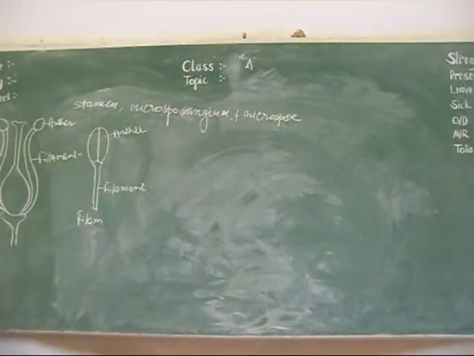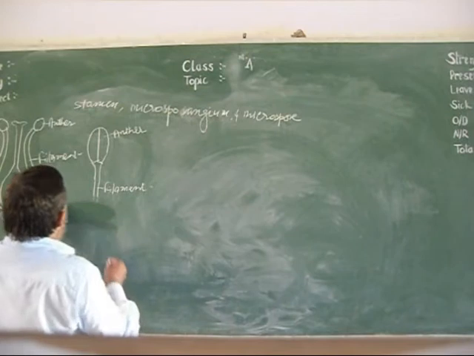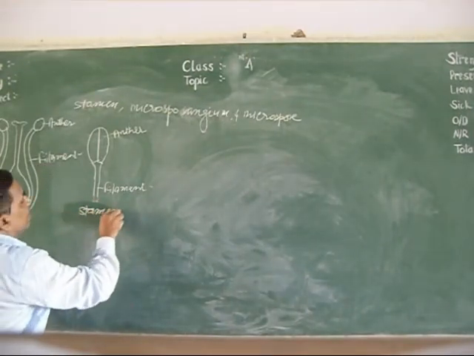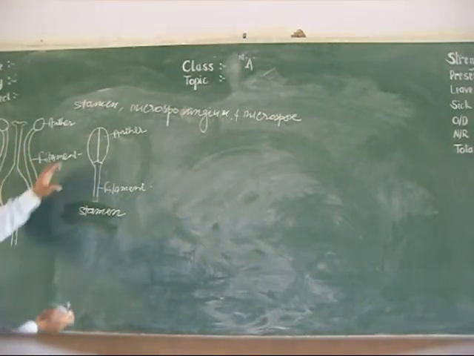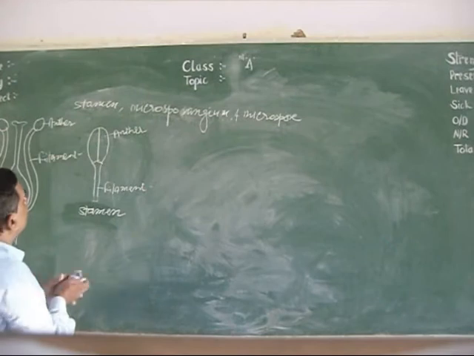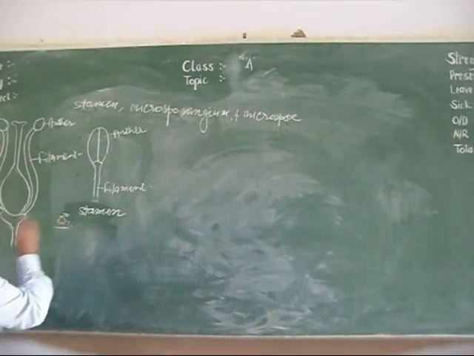This anther and filament are collectively called the stamen, and a group of stamens in a flower is called the androecium. So the stamen is the male reproductive organ, the male part of the flower.